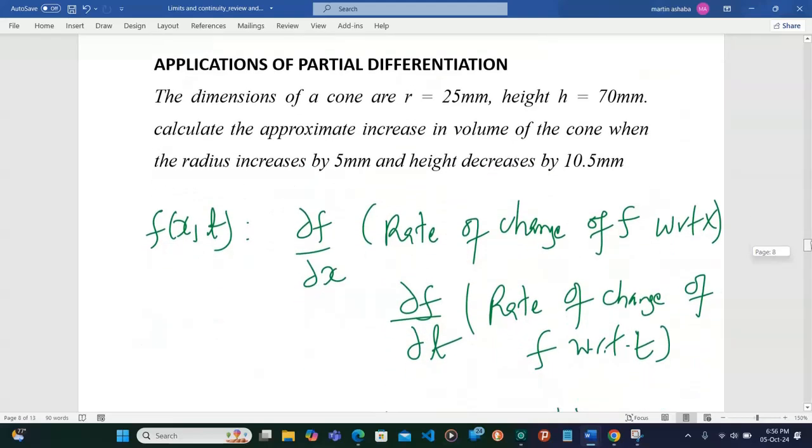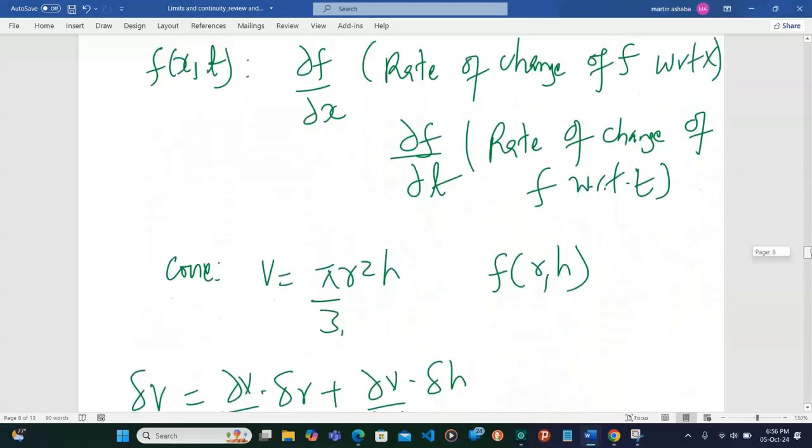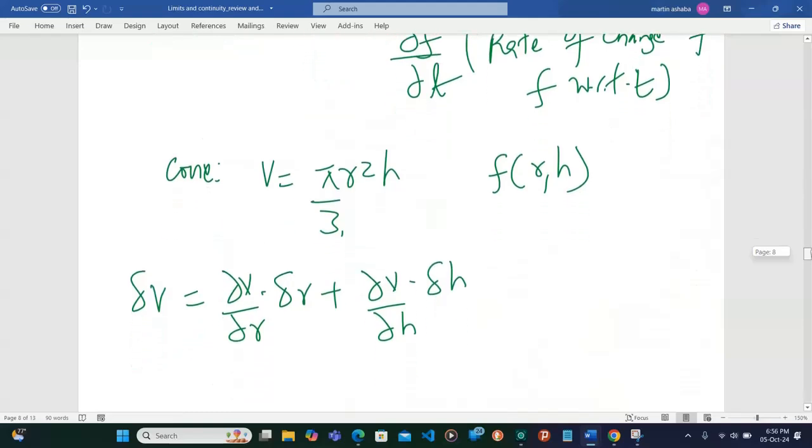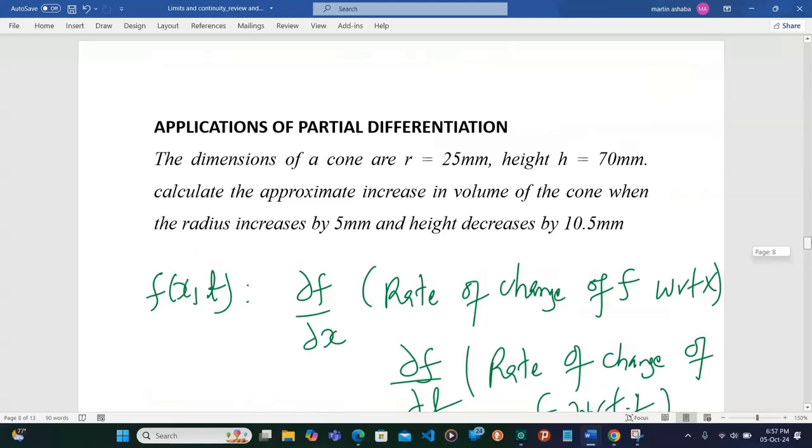So we have to calculate the approximate increase in the volume of the cone. So our delta V, the change in volume, is positive. The increase in radius is 5 millimeters, meaning the change in radius is positive. Height decreases, meaning the change in height is negative.